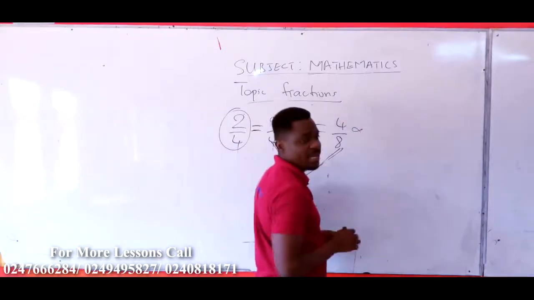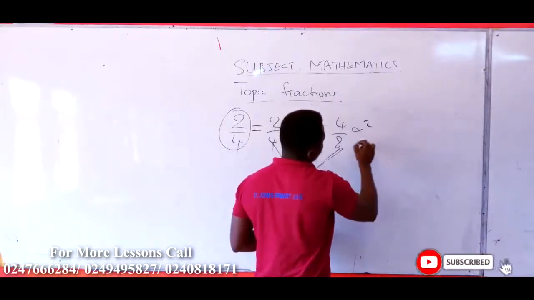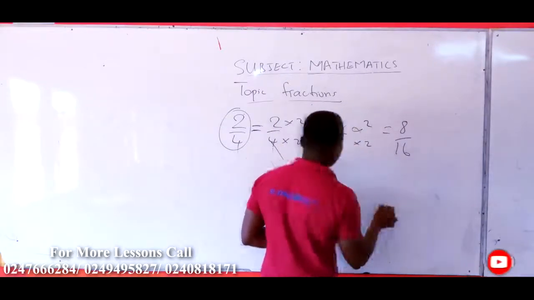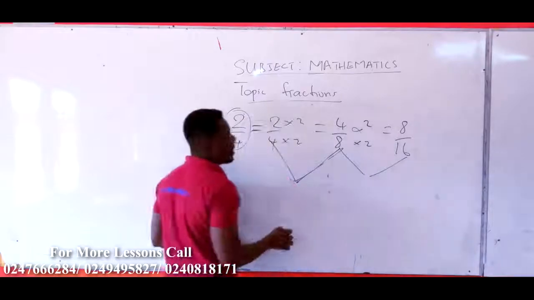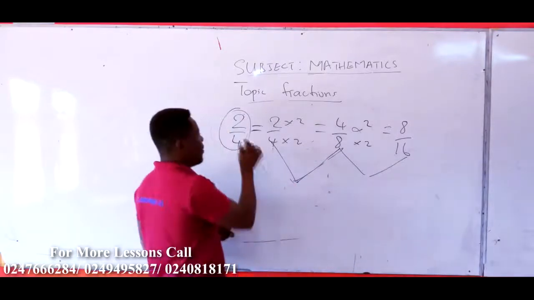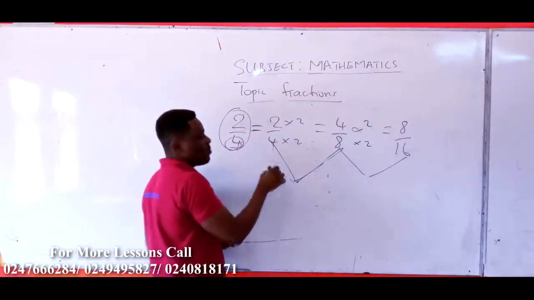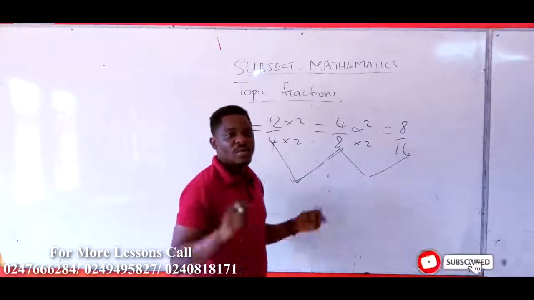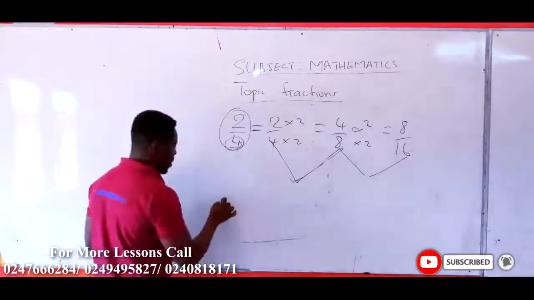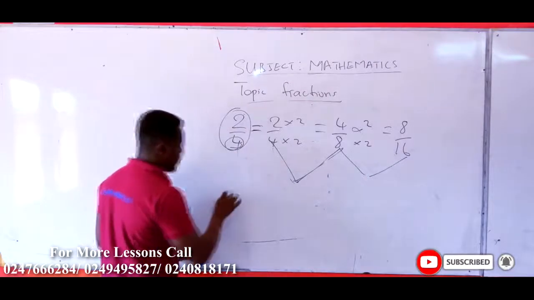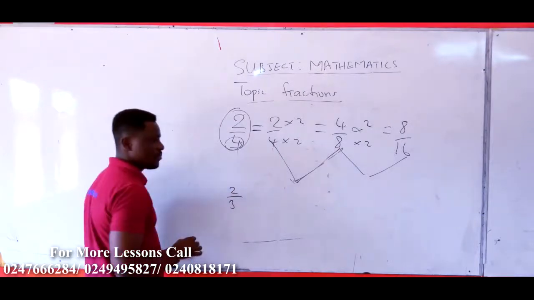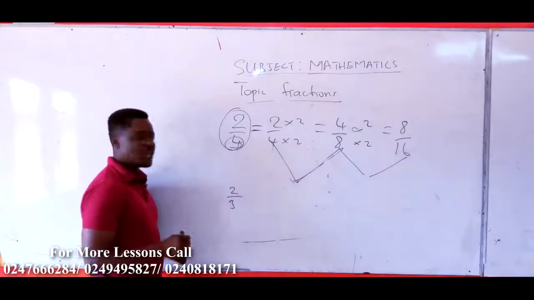I can continue. Multiply this by another 2. Times 2 times 2, I'm going to get what? 8 over 16. So you see, to get equivalent fractions, you multiply both the numerator and denominator by the same non-zero whole number. Let's try this one. I have 2 over 3. I want to find the equivalent fraction.